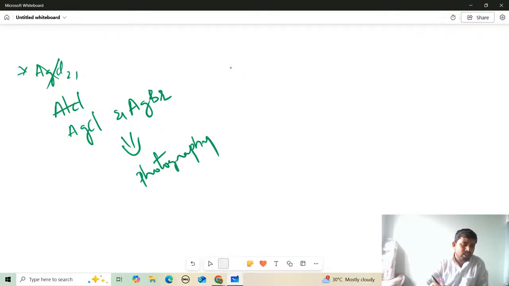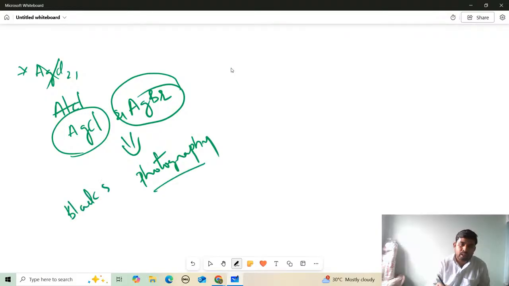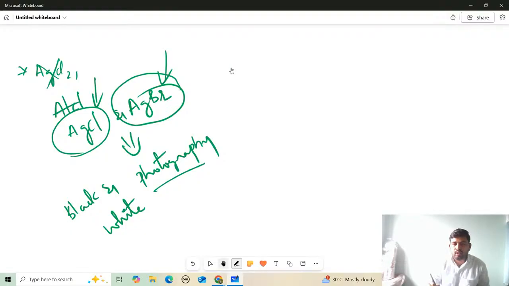Remember, these are substances used in photography. The decomposition reactions of AgCl and AgBr are used in black and white photography. Please remember this.